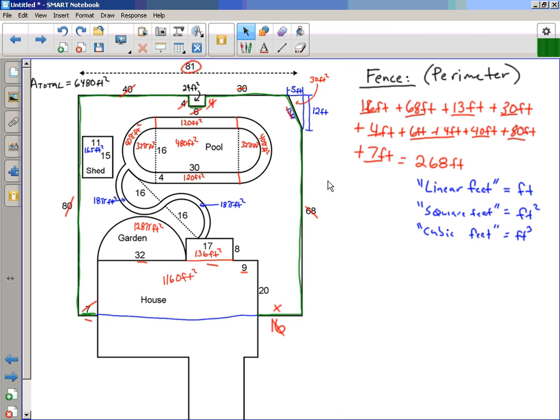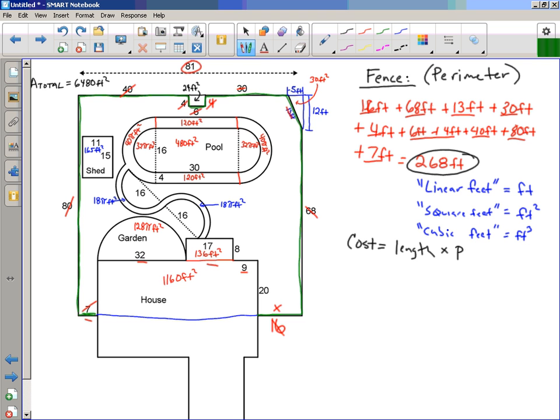So if I go back to this problem, I currently have how many linear feet, but to get the cost, it's going to be equal to the length times the price per foot, price per linear foot.